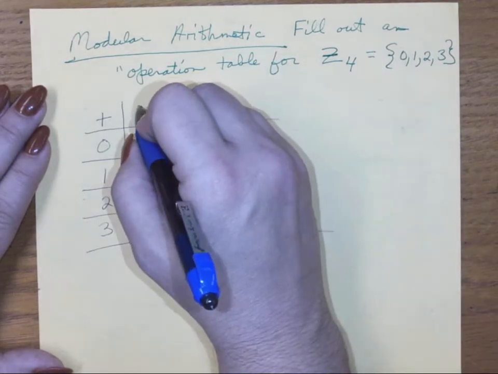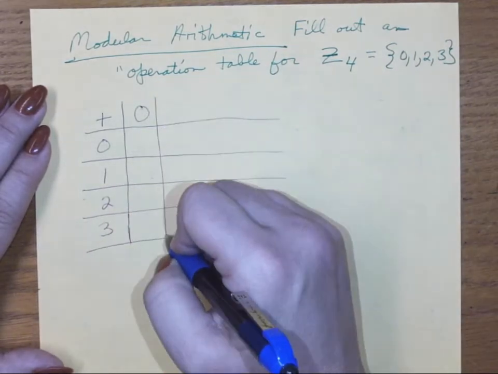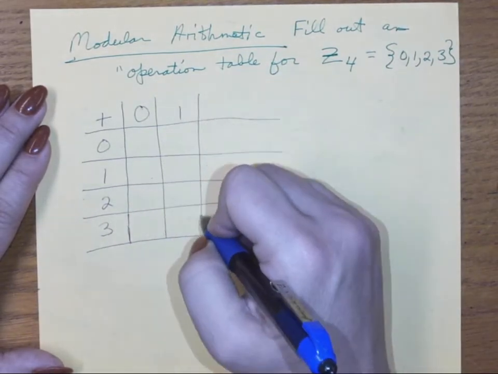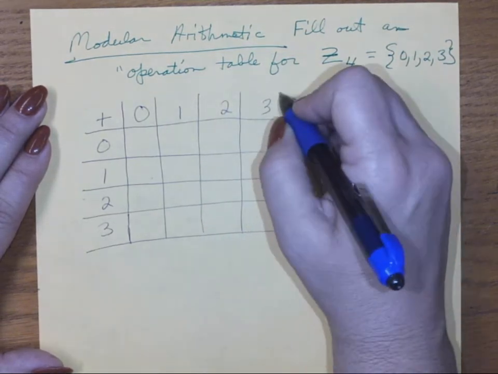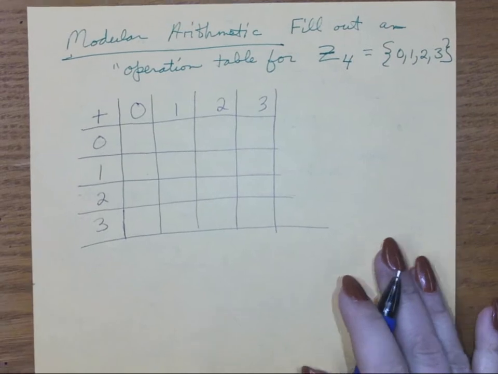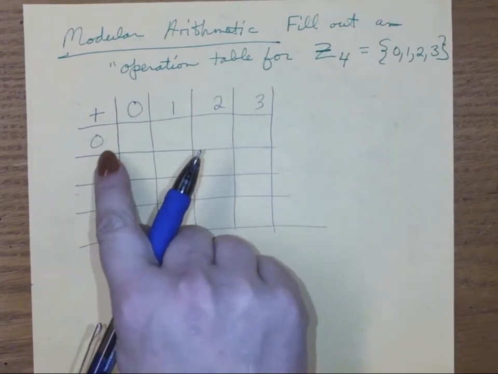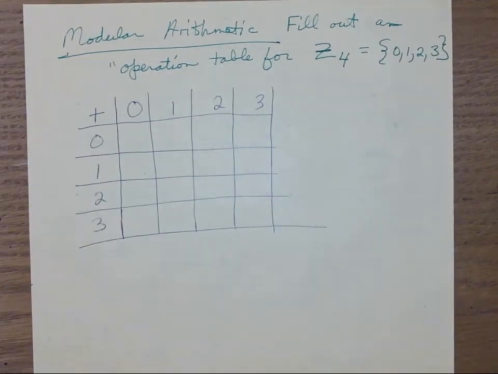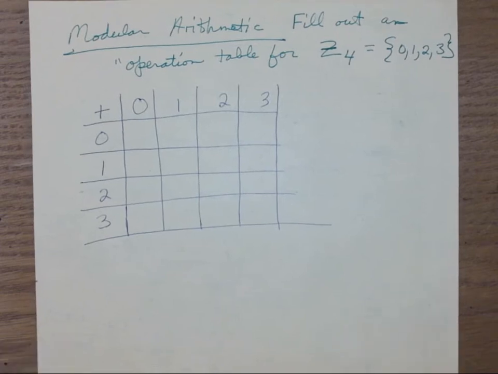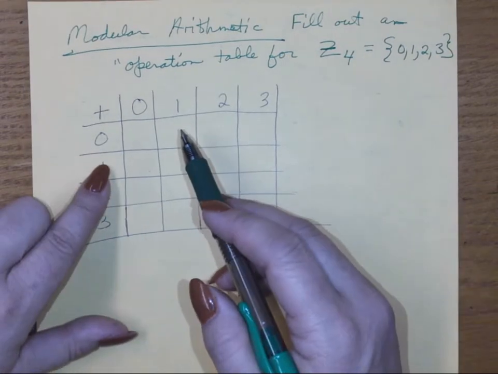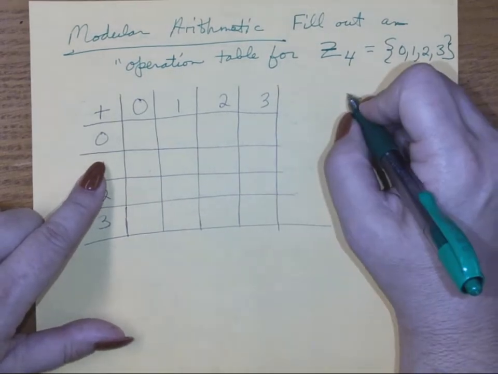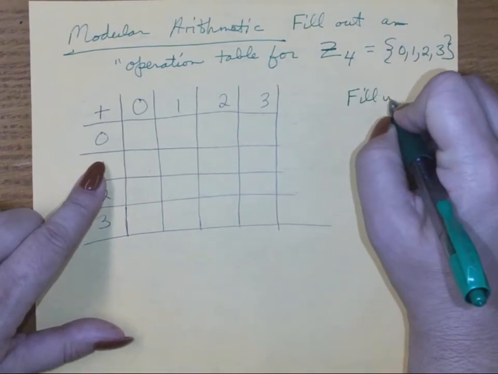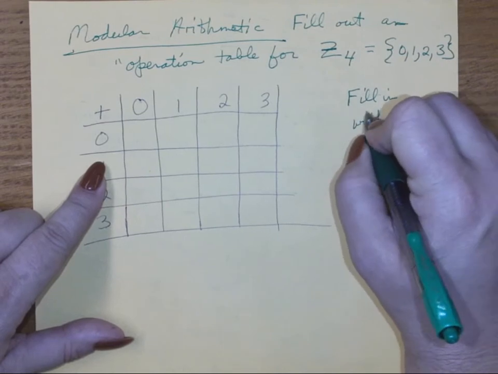And then I'm also going to have those numbers coming this direction. 0, 1, 2, and 3. So we'll have this lovely little grid table going on where we'll see, hey, add those things together. Okay, and sometimes it's not a big deal. It's easy to fill in, and then sometimes you're like, what in the heck? Okay, so sometimes I'll have to use that remainder idea. So fill in with the remainders.